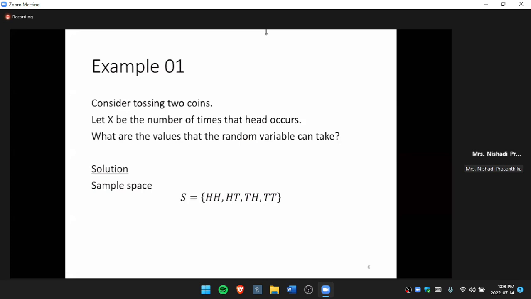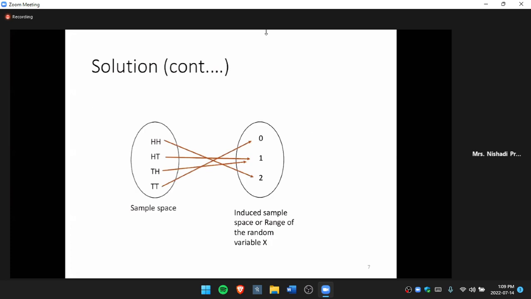If you consider this example, tossing two coins, you will get this sample space, right? Now see this diagram. Can you understand this diagram?